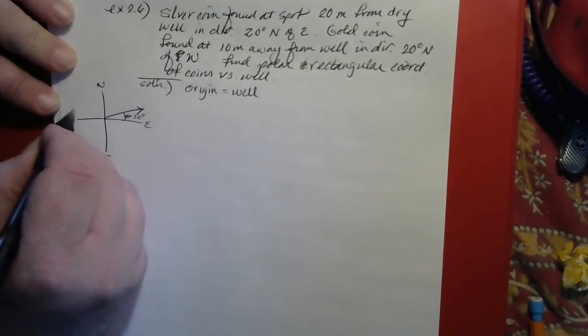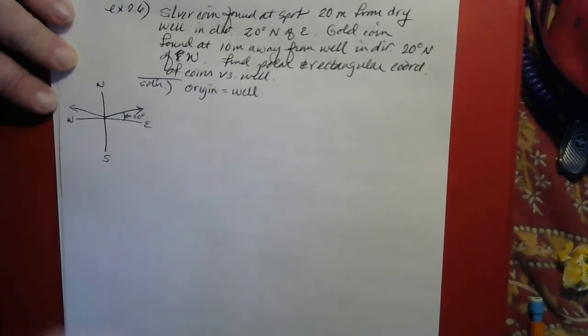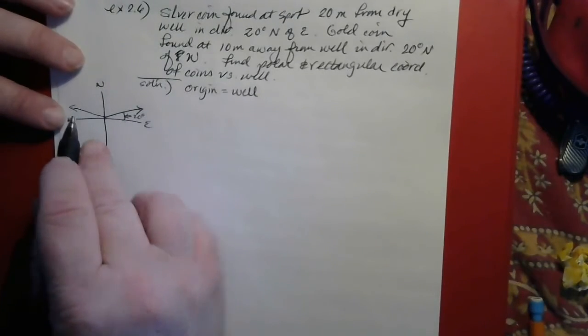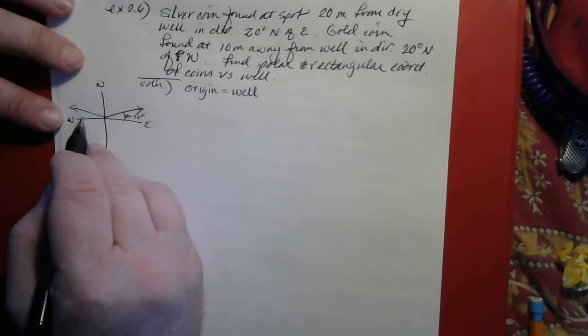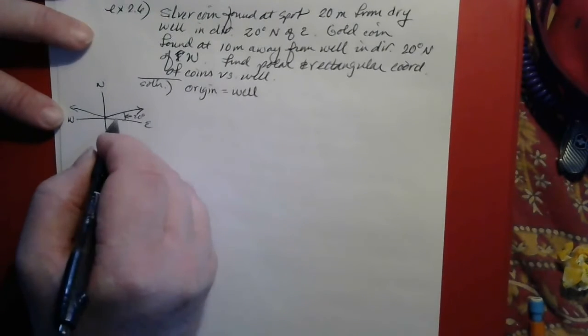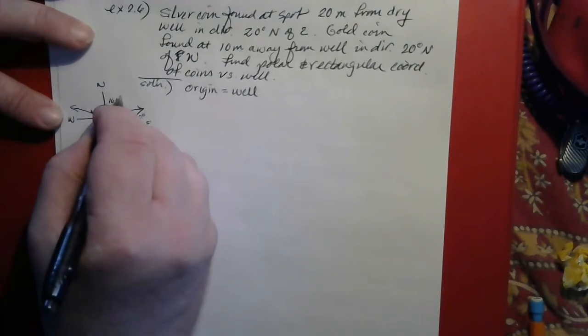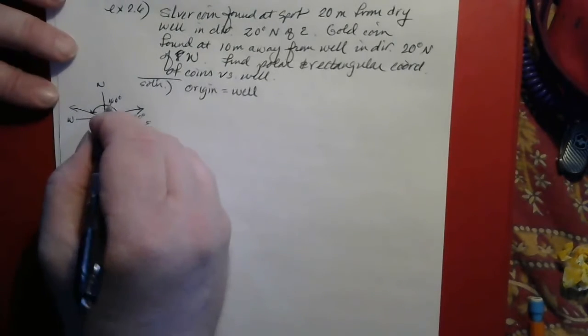Okay, the other angle is 20 degrees north of west, which means you can look at it as basically being 20 degrees short of a full 180. So that angle is 160 degrees.